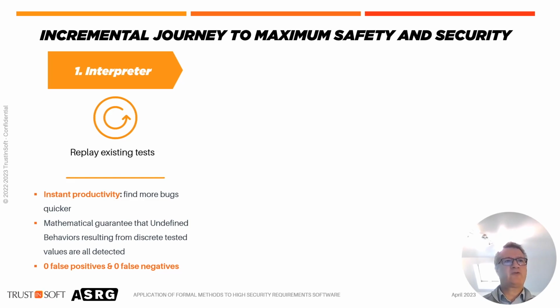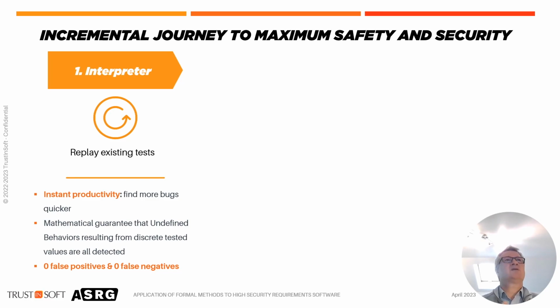And what's the value, you may say? Simply that tests are typically relatively functional and they may miss robustness or reliability problems, that will be deterministically found by the TrustInSoft analyzer.